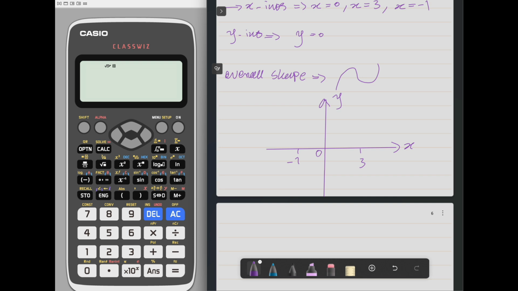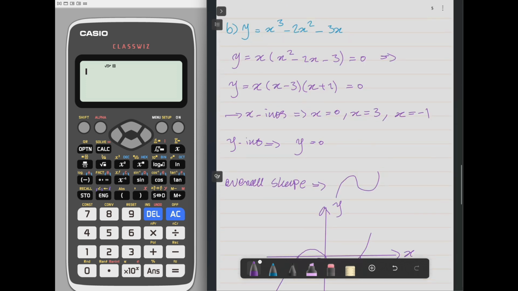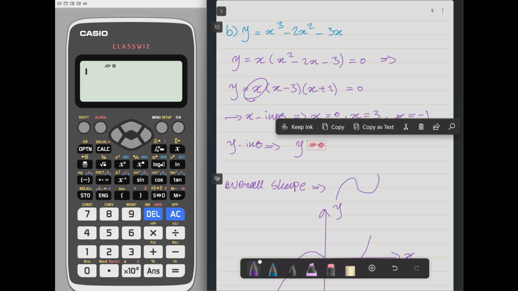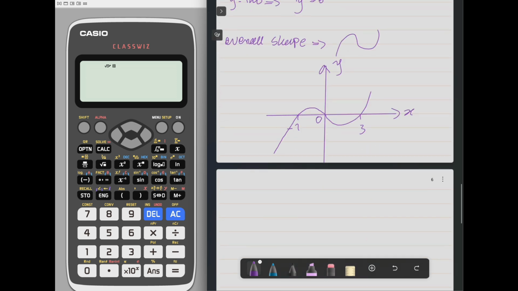It also passes through y equal to 0, so it will pass through the origin. Guys, whenever you have a single x here, the y-intercept will be 0 as well, so your graph will pass through the origin. Just pay attention to that. See, here it passes through the origin.